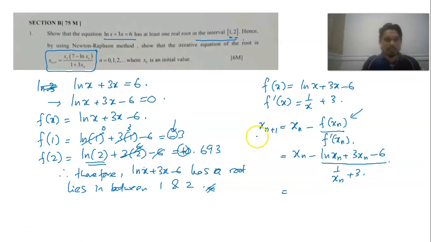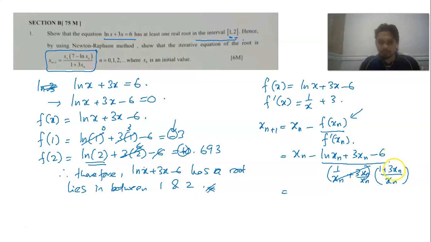Okay, so let's try this. 1 over xn plus 3, just imagine that it's 3xn divided by xn. So 1 plus 3xn, all divided by xn.